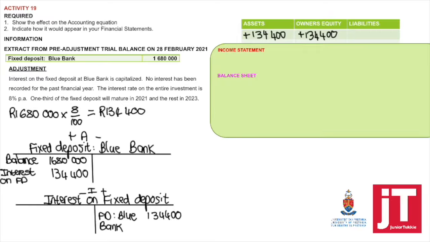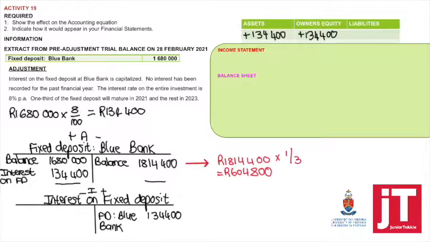Now, if I'm completing my financial statements, the interest will appear in your income statement. But looking at the fixed deposit amount, 1/3 is going to mature in the next financial year. It means we need to take it out of our non-current and show it in our current assets.